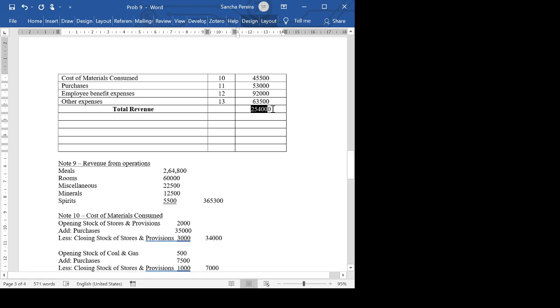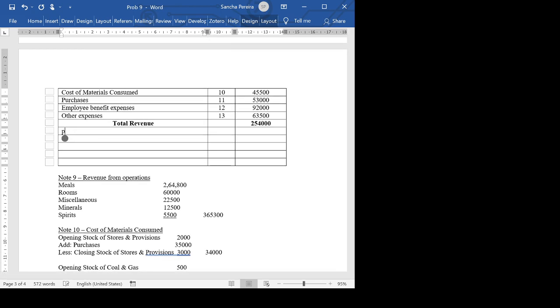We don't have any provision for tax in this problem, so we can directly calculate our profit. Number 3, these numbers will change as you have the items. Profit for the period, which will be 1 minus 2. And that would be the final answer.